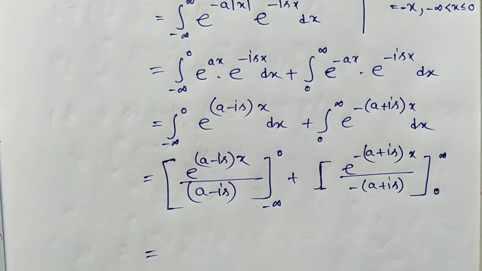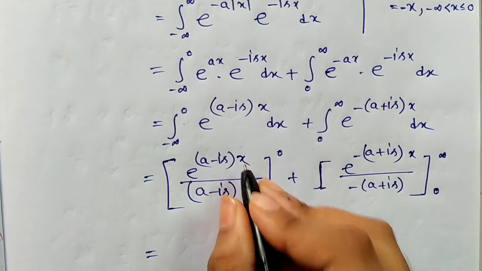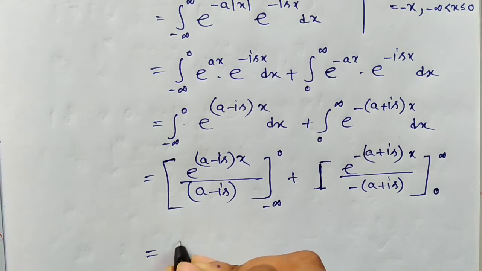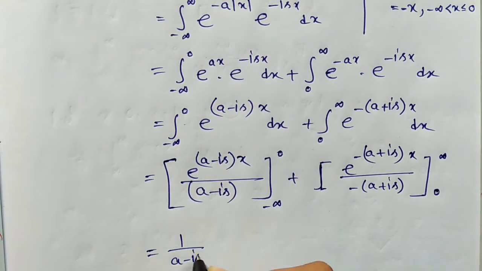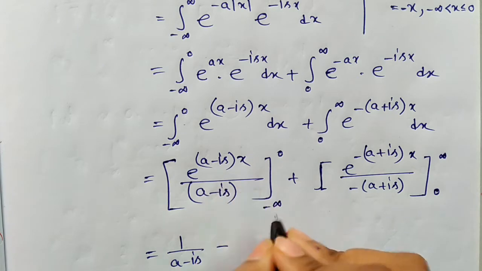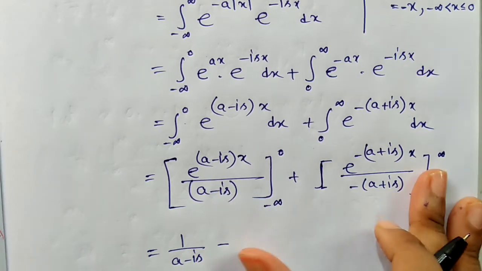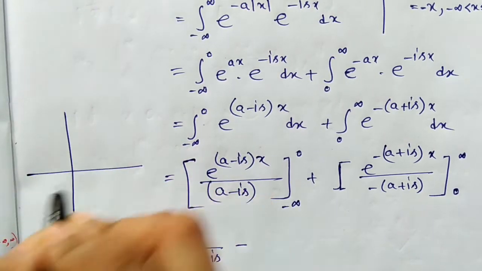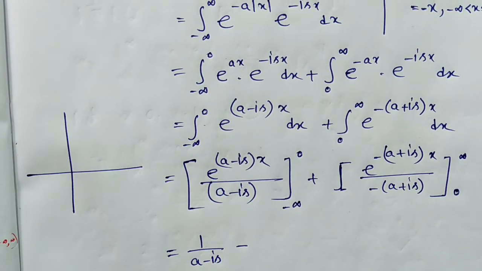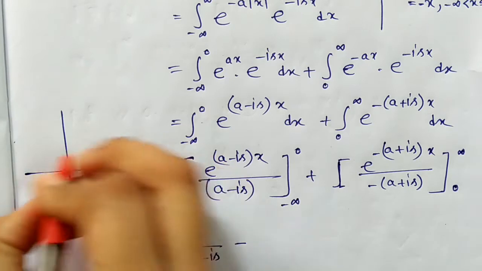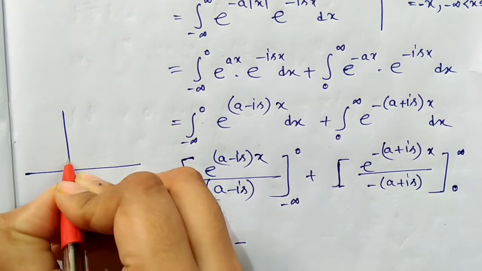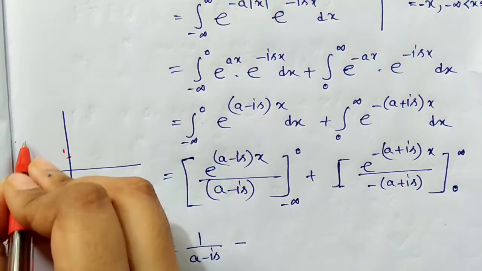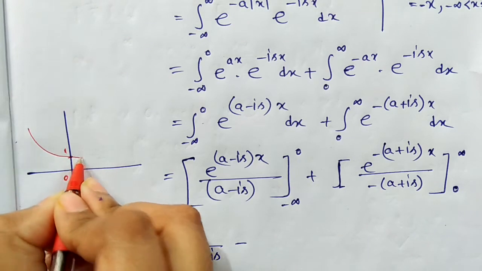Okay, so next, e to the power 0 is 1, so 1 by (a minus is) minus e to the power minus infinity. So let's see the graph of e to the power minus x. This is the graph. Suppose this is 0, this is 1, then the graph is like that.